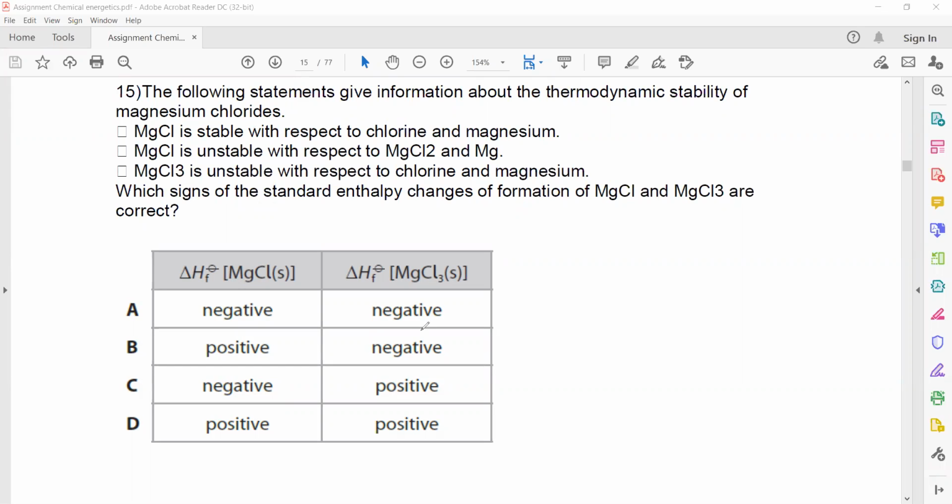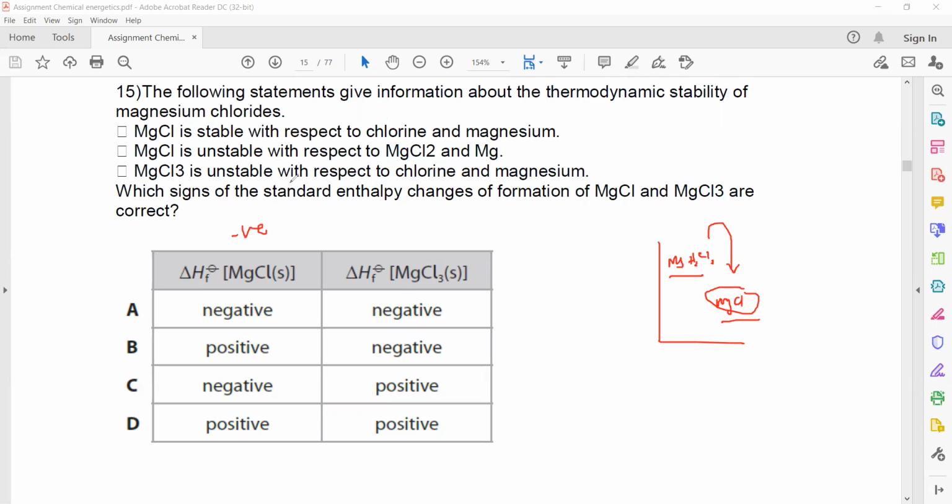So MgCl is stable. If MgCl is stable, it means the reaction should be exothermic, because the reactant will have more energy and the product will have less energy. When magnesium and chlorine react, they form MgCl, and MgCl is stable means it will have low energy. So the reaction will be exothermic, and this should have a negative sign.